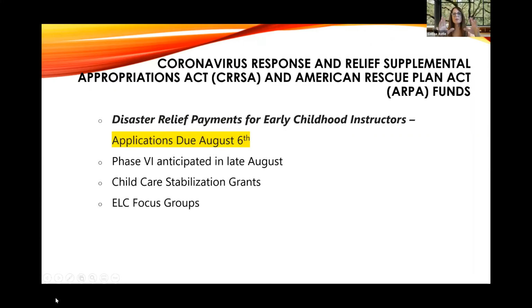Jennifer, we have a couple of questions. Again, it's the teacher bonuses, that first one that you were talking about, and the second one, if it was a separate application, the teacher bonus program. So we have two different ways that the state and the Early Learning Coalition are trying to support your teachers financially.